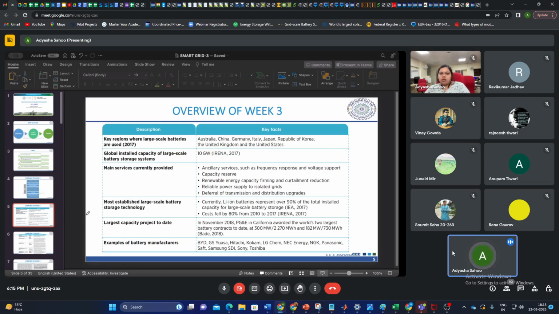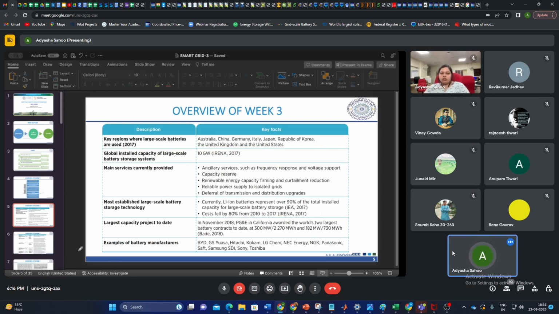The most established battery storage technology in the present scenario is the lithium-ion battery, representing 90% of the total installed capacity. This is because the technology is maturing and its cost is reducing. From 2010 to 2017, its cost fell by 80%, which in turn has led to its increased addition in our grid.